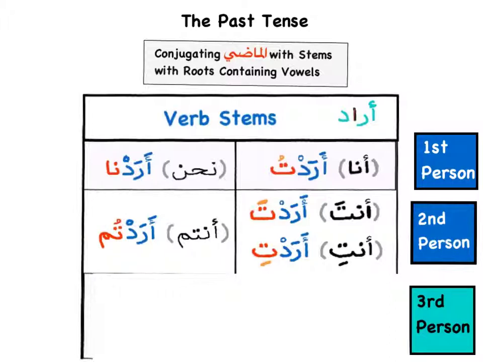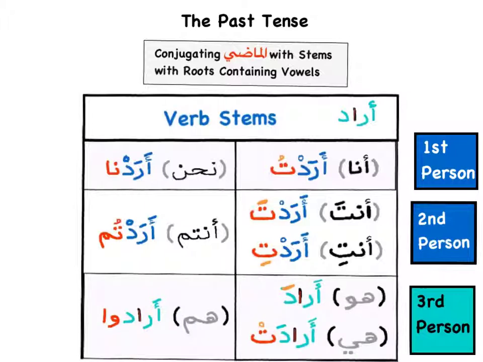Again we don't have the alif vowel anymore. Last we have third person هو. هو أراد, because as you know هو is the purest of conjugation, verb stem أراد.